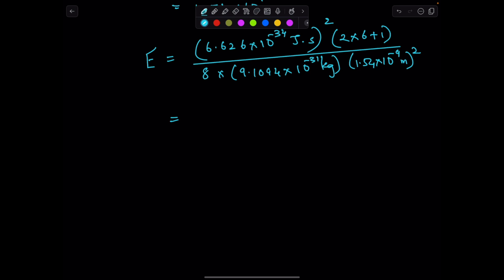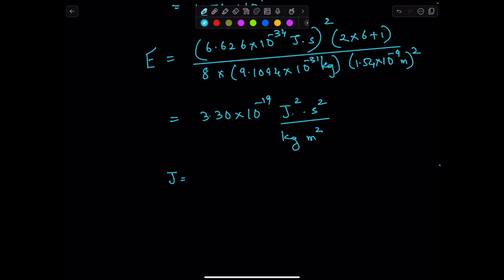Solving for this gives us joule squared second squared over kilogram meter squared. Let's look at the units.